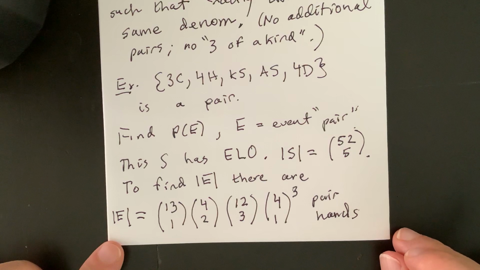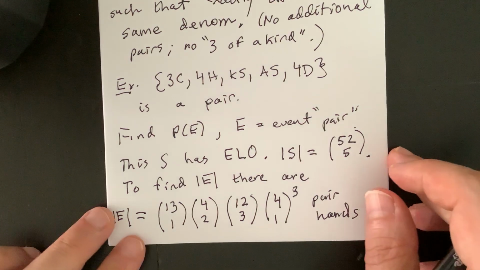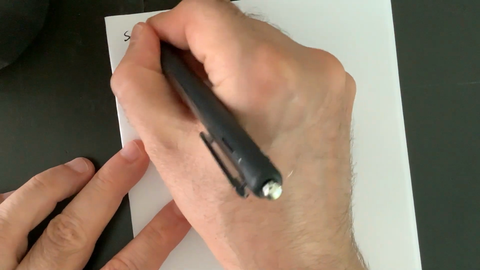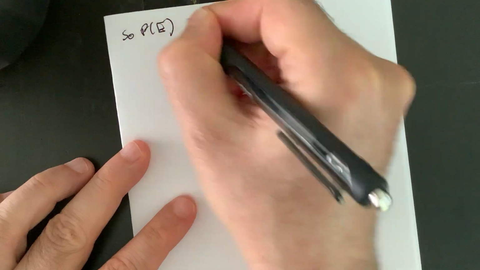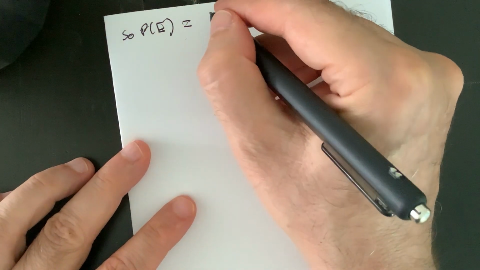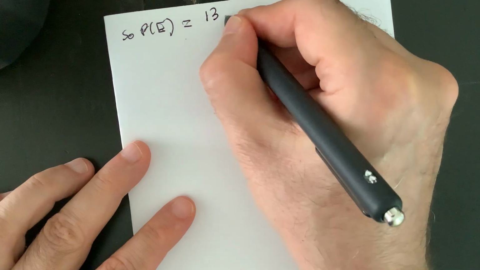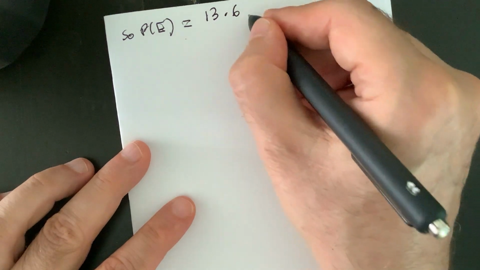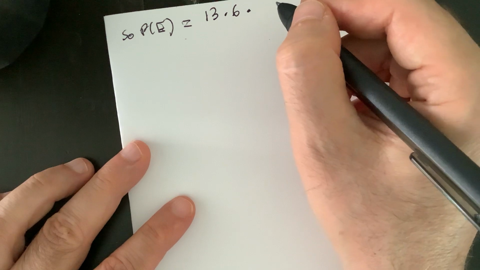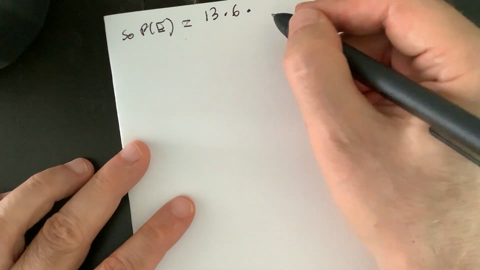So let's actually do it. I think we can maybe do it out a little. So P of E is equal to 13 choose 1, so I have 13, times 6, times 12 choose 3.